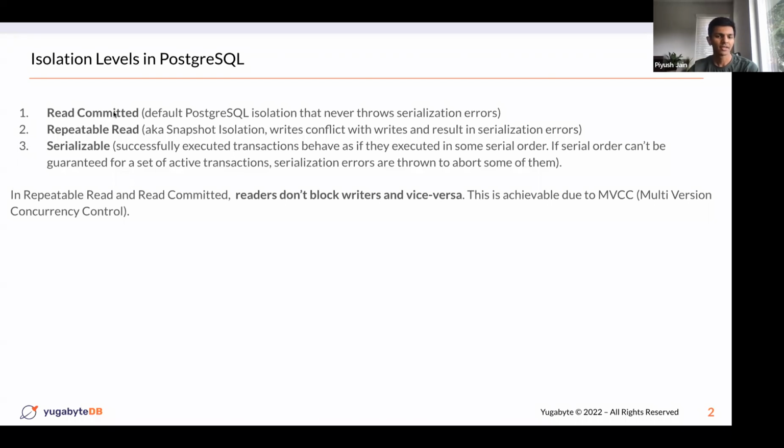The other thing is you don't see serialization errors ever in read committed. So you won't see conflicts. How Postgres handles that is, if there's a conflict, it is going to reread that row or tuple, based off the latest snapshot, and it is going to do the update, right?